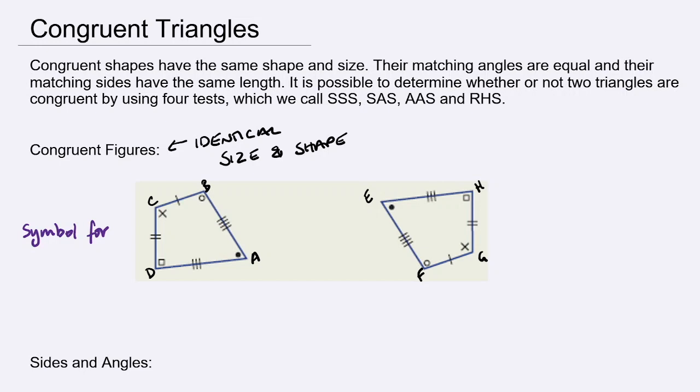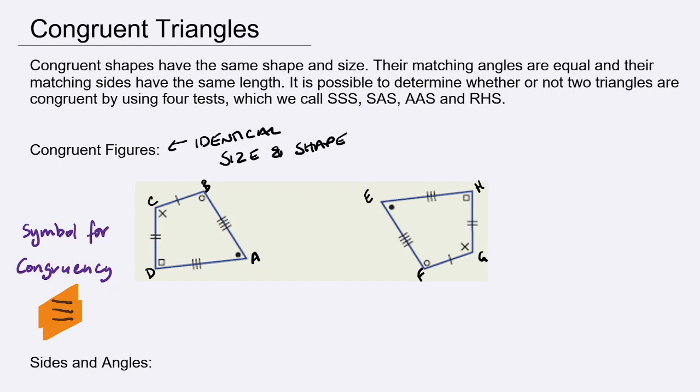So there is a symbol for me to use. I just need to spell properly. Okay, so the symbol for congruency is just 3 parallel horizontal lines. That is our symbol for congruency.